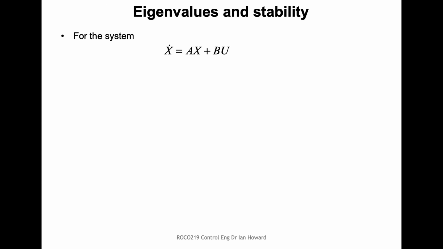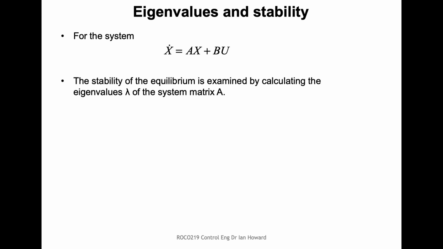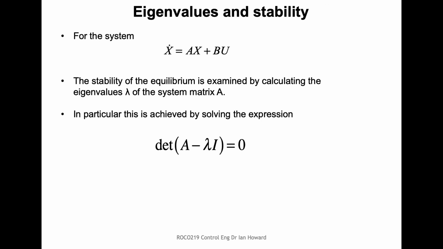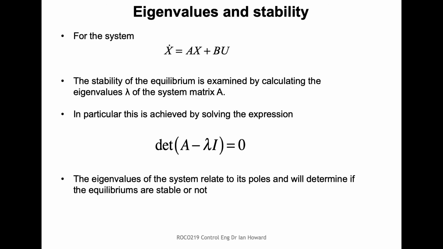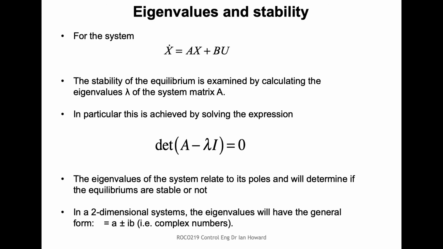So for the system x dot equals Ax plus Bu, we can look at the stability of the system by calculating the eigenvalues lambda of the system matrix A, which is solved by solving the determinant equation, determinant of A minus lambda I equals 0. And the consequence of this is that now we can say a lot about the system.